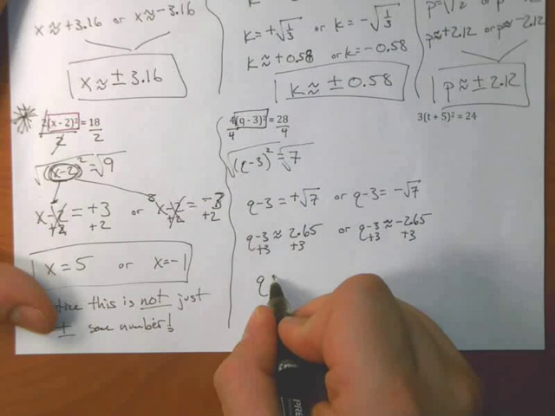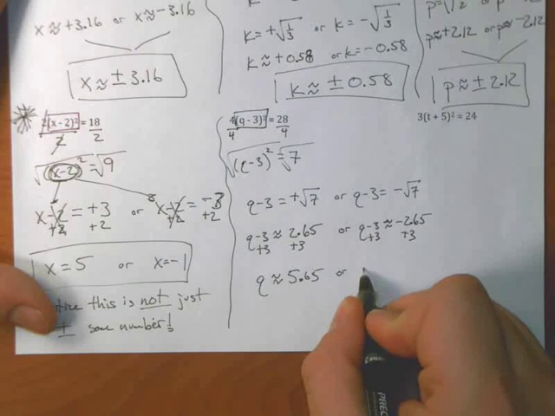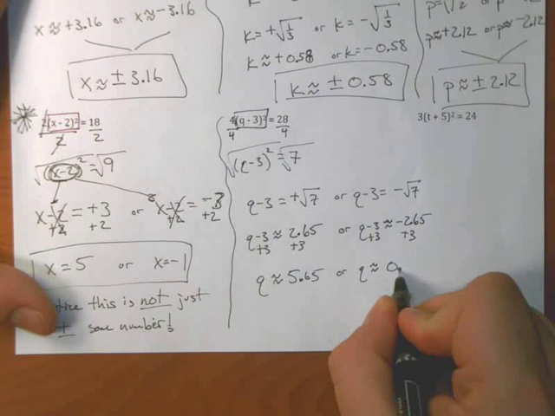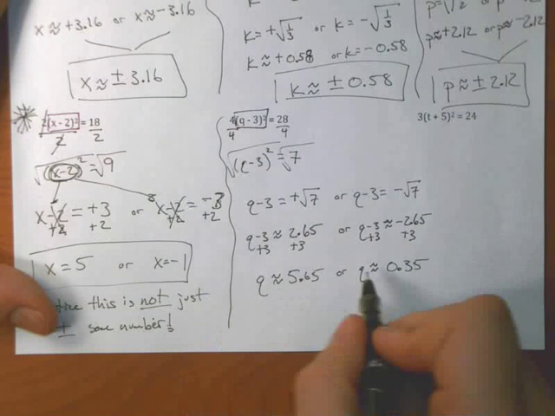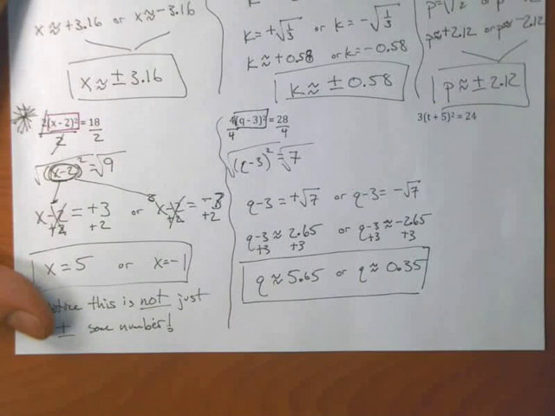Now add 3 to both of these equations, and I'll find that q is approximately 5.65, or q is approximately 0.35.